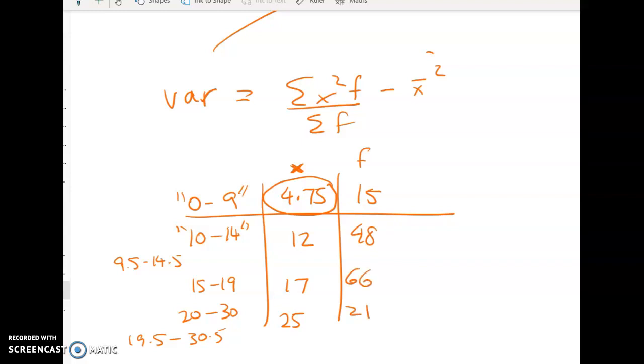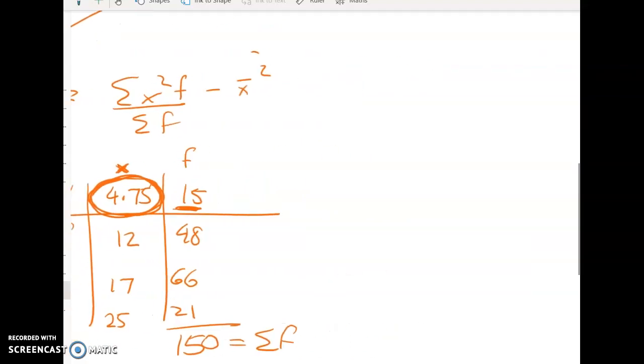So to do the variance calculation, what I have to do is take the x number and square it and then times by the 15. And the total number of fish we had here added up to 150. So that's the sum of the frequencies. So in here, the variance is going to be 4.75 squared, so my x number squared times the 15 fish in that group, and so on.